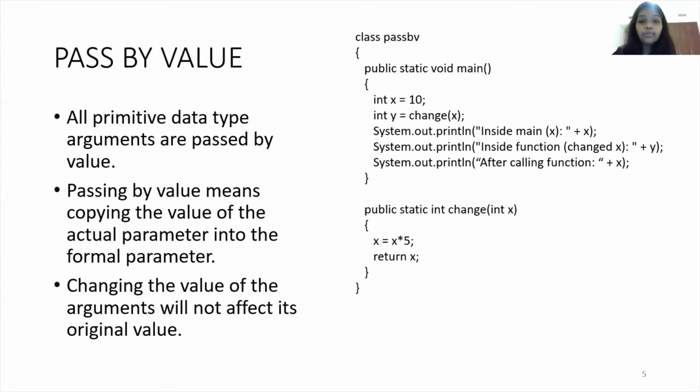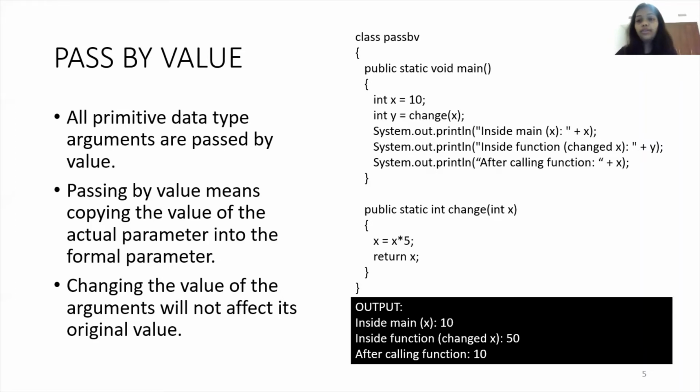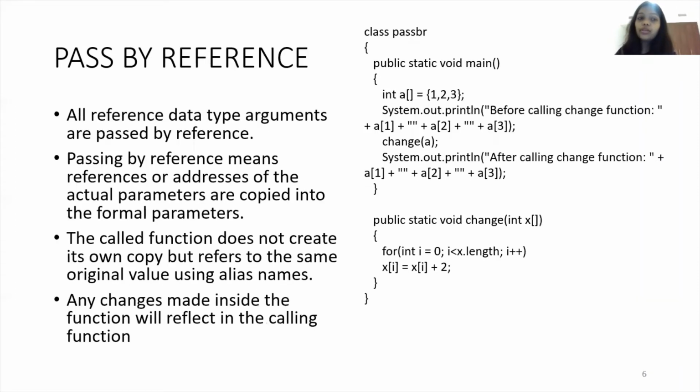Inside main, the value of x is 10. Inside the function, the value of x is 50, and after calling the function, since we discussed that the value will not affect the original value, the value of x will still remain 10. So you can see the output, and we can move on to the next one.